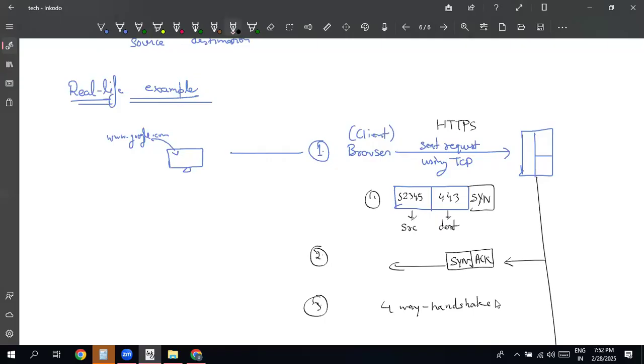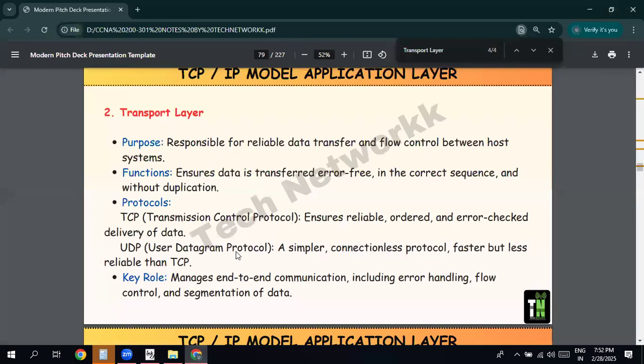If I want to summarize this explanation of the transport layer, guys, the transport layer basically functions for reliable and fast communications via TCP or UDP. It will always ensure correct delivery and will manage network congestion too. It also utilizes port numbers, and with the help of port numbers, it will direct the data to the correct applications.